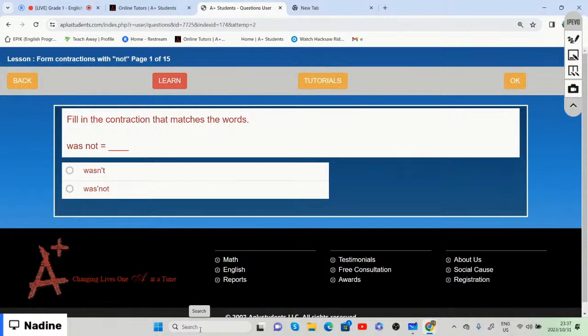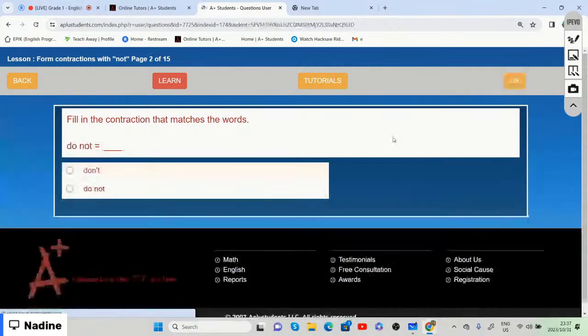All right, so if we fill in the contraction that matches the word, we'll basically say it is wasn't. So was not means wasn't, and wasn't is correct.